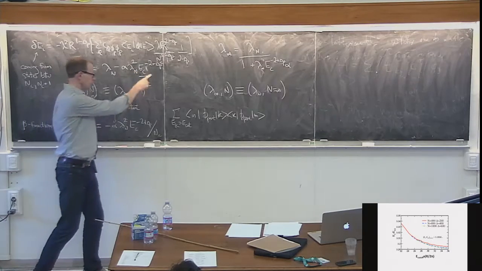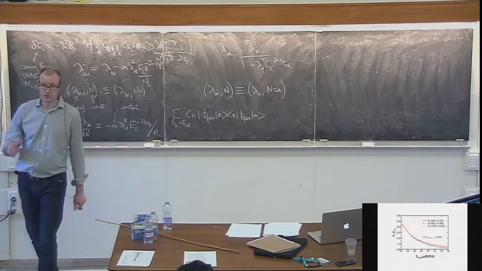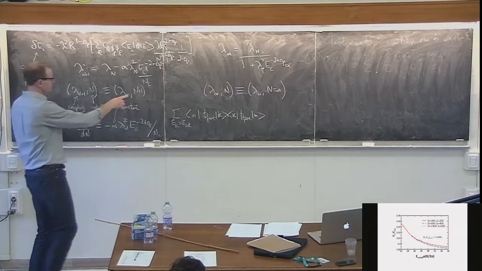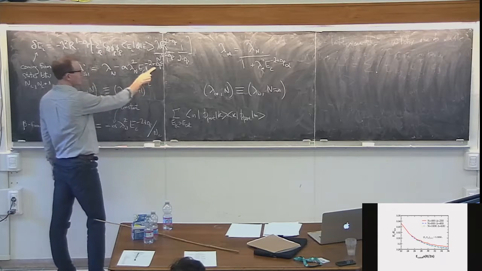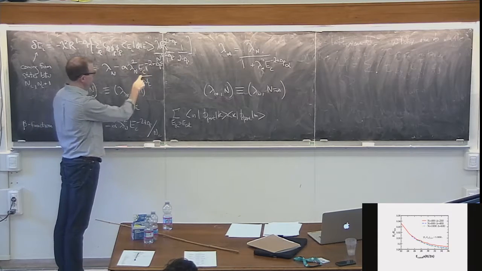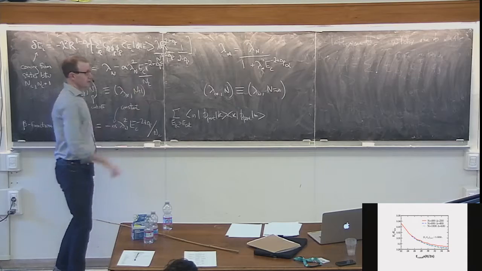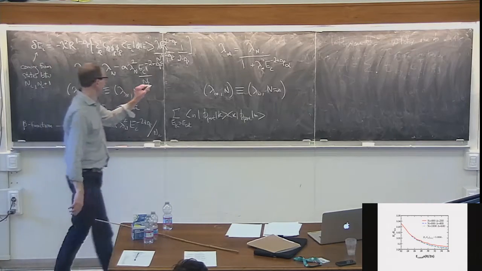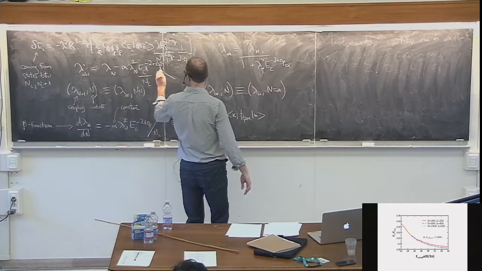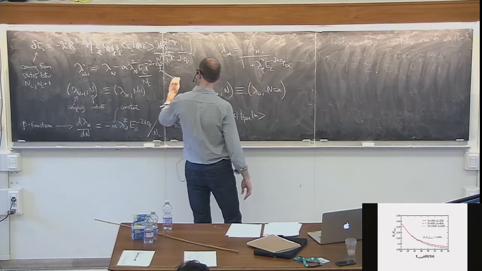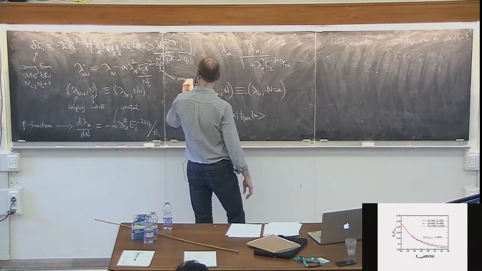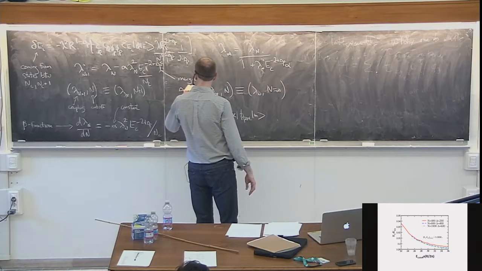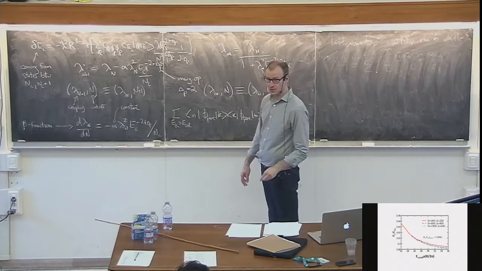And so delta p is the scaling dimension of the perturbation. If it's a very relevant perturbation, delta p is very small, and so this correction term to the coupling is also very small. But if I had a marginal operator, delta p is 2.